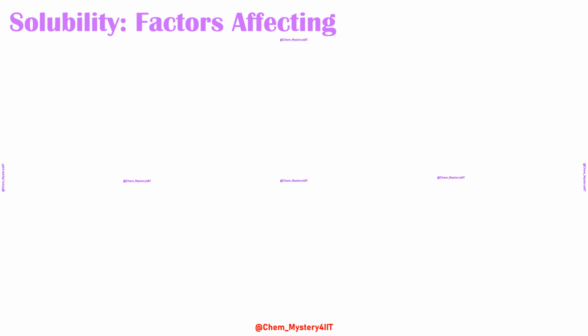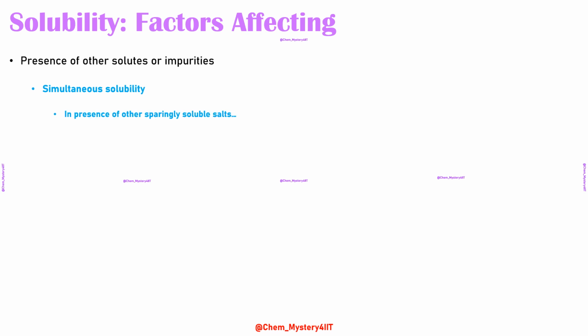Here we have another factor which we have been calling simultaneous solubility. So this is basically the presence of other sparingly soluble salts or other weak electrolytes which can give us the same kind of ions in the solution. So this is going to be similar to the common ion effect, but to a much smaller extent.